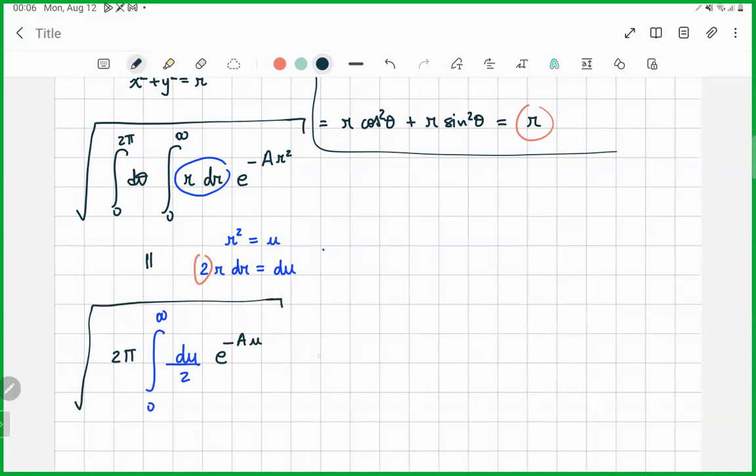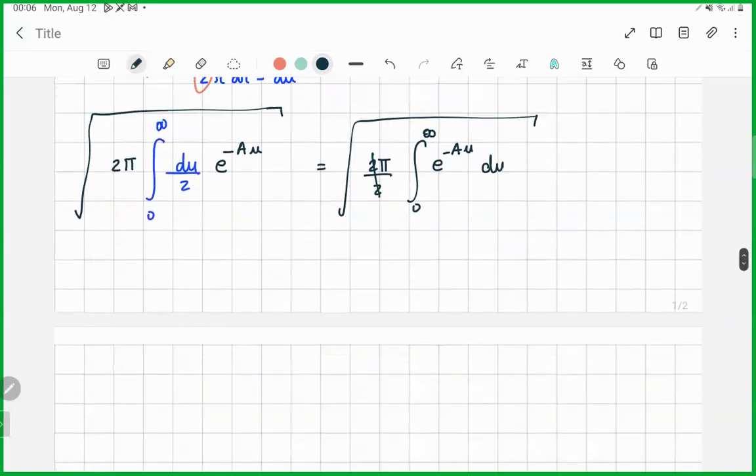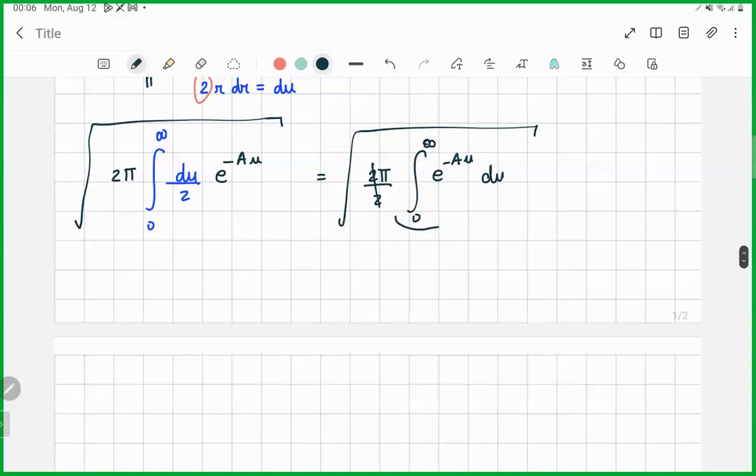Now we continue. The 2 pi is still there. Now it divides by 2, so what survives is just pi. And we have that integral of the exponential of minus a u du from 0 to infinity, all under the square root. We are almost done, because the solution of this integral is the exponential of minus a u divided by minus a, from 0 to infinity.